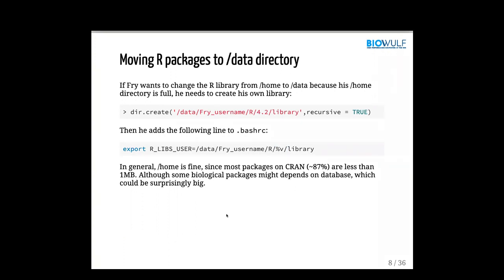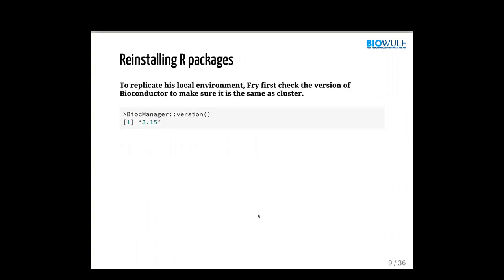It really depends on what kind of library you are running, right? And again, for those large genome database libraries, they were already pre-installed on Beowulf. So for some users, this might be useful information.